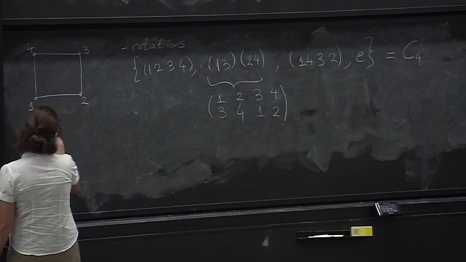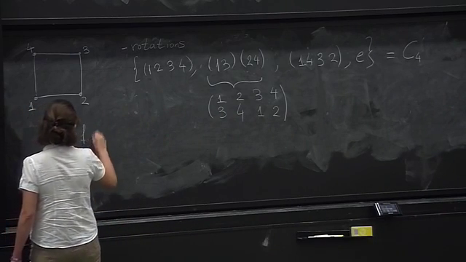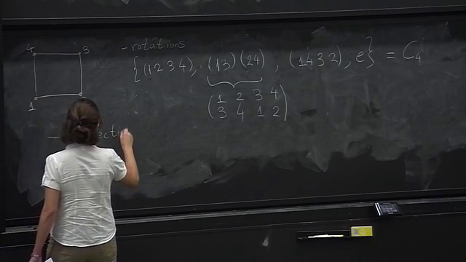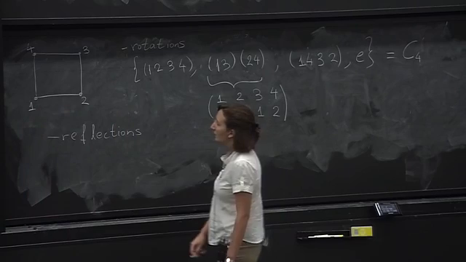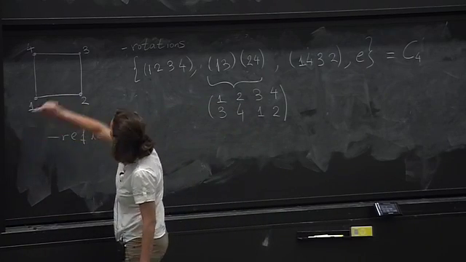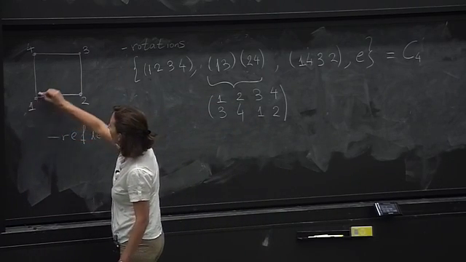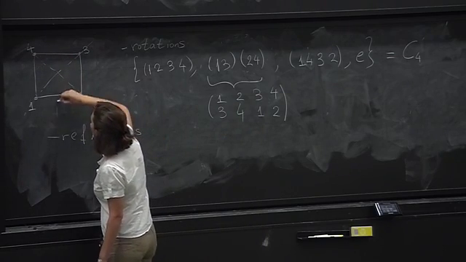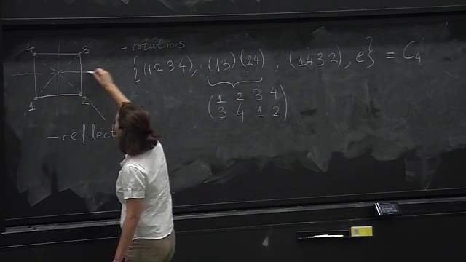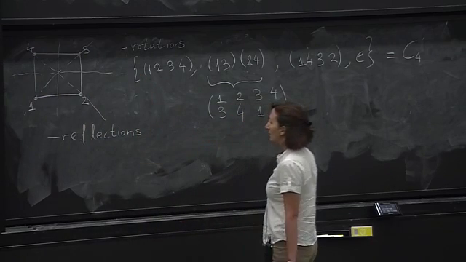If we also include reflections, you'll see that we have 4 axes of symmetry for the square. This is 1, 2, 3, 4.